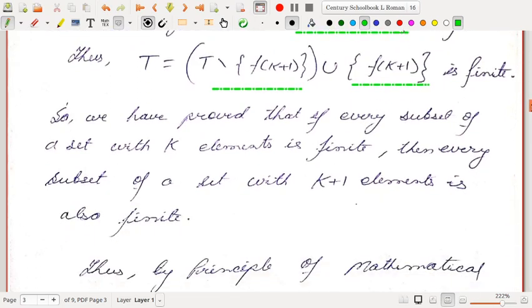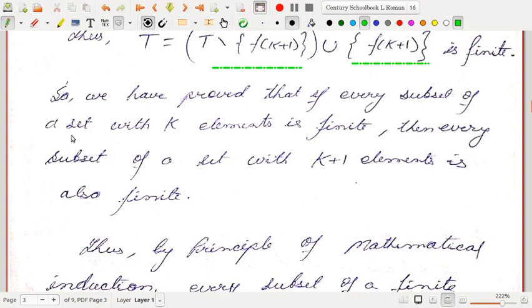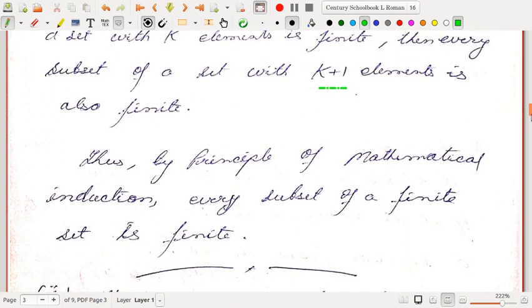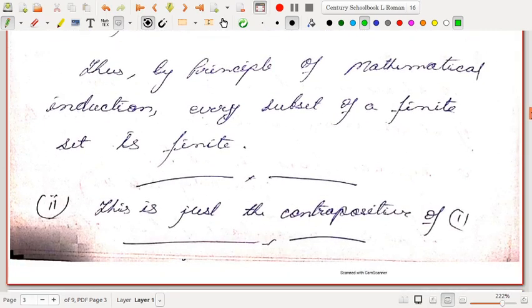So we have proved that if every subset of a set with k elements is finite, then every subset of a set with k+1 elements is also finite. That means the result is true for every natural number, that is, every subset of a set with n elements, where n is any natural number, is also finite. Thus by the principle of mathematical induction, every subset of a finite set is finite.